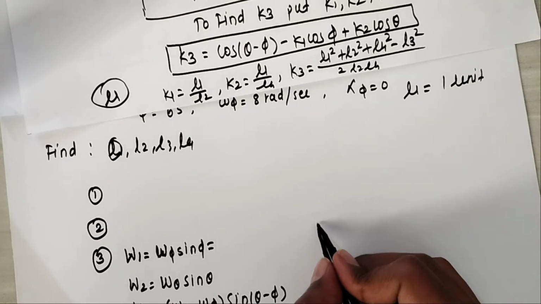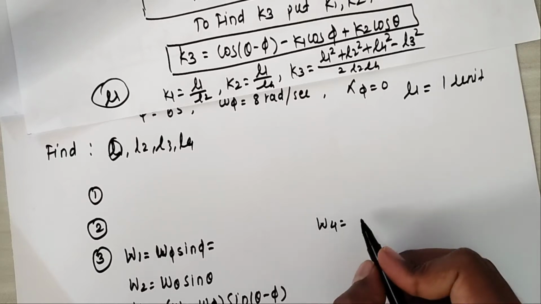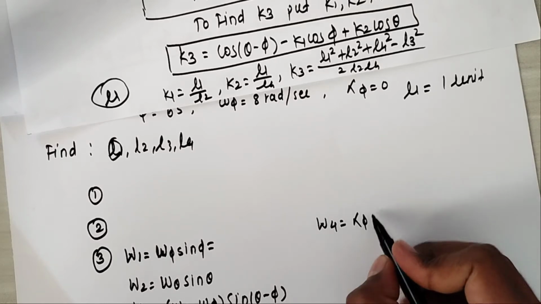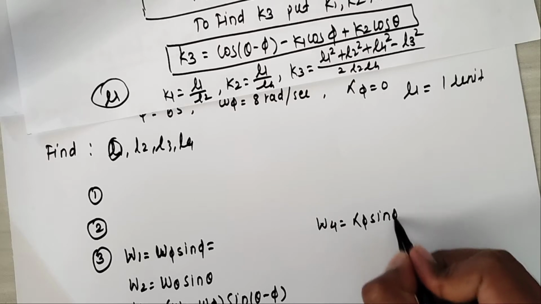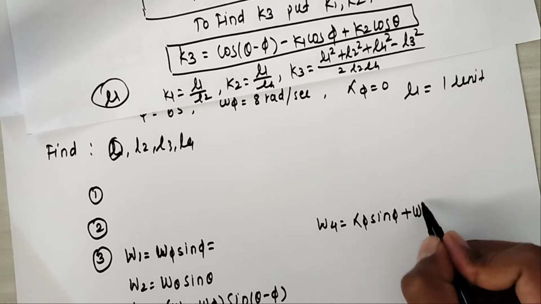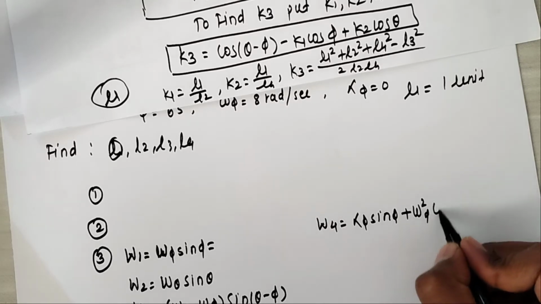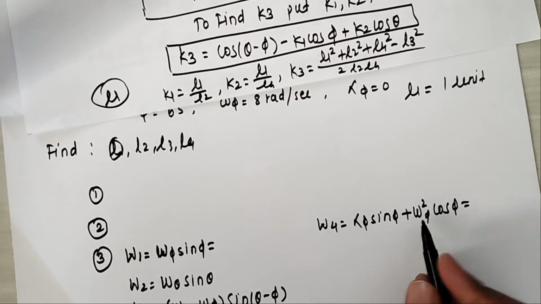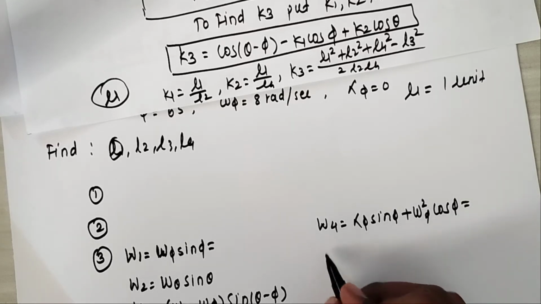Then W4 is equal to alpha phi sin phi plus omega square phi cos phi. How it comes, we already discussed in the previous theory session.